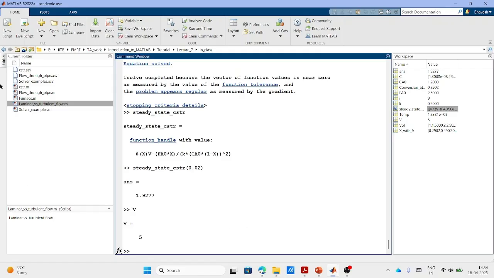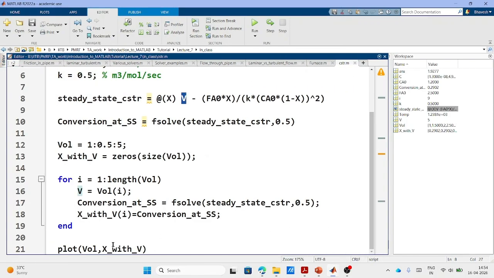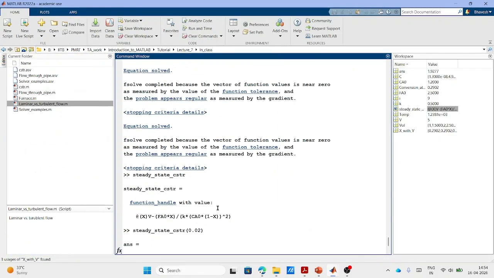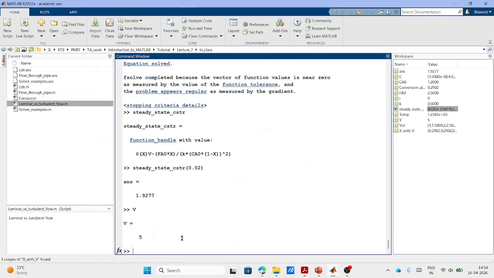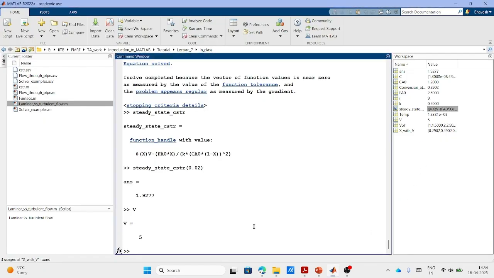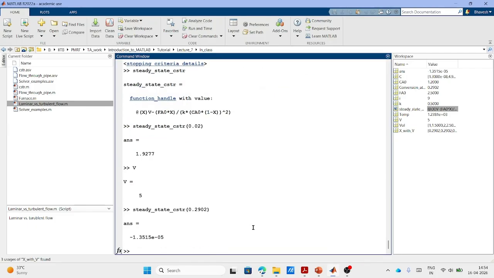V is changing. So conversion, first the steady state conversion was 0.2902, and I'm getting no error.